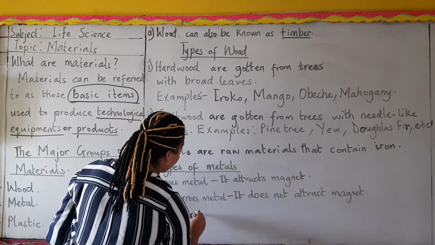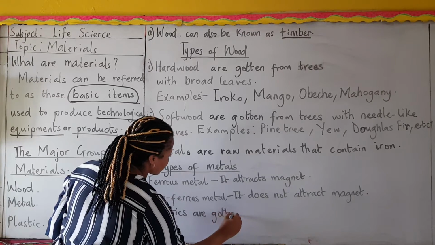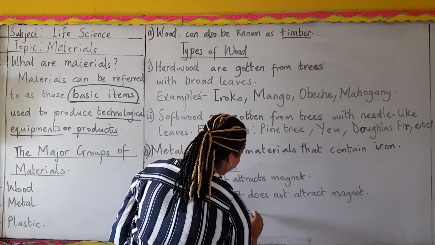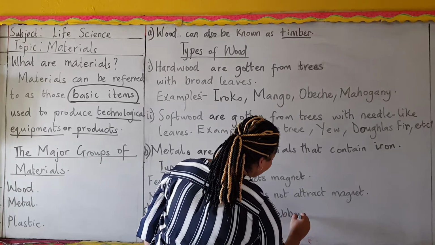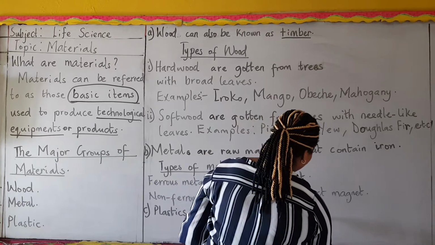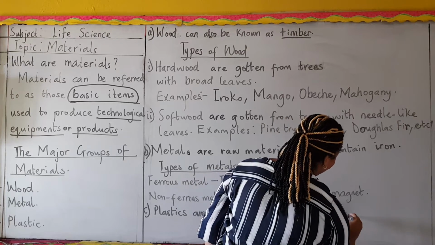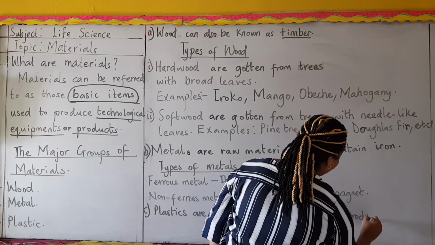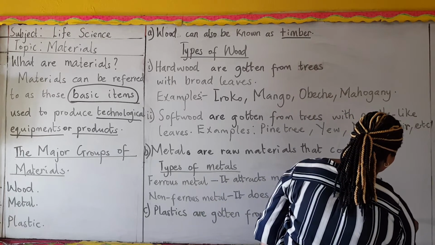Okay? Plastics are gotten from rubber and byproducts of petroleum. Byproducts of crude oil.